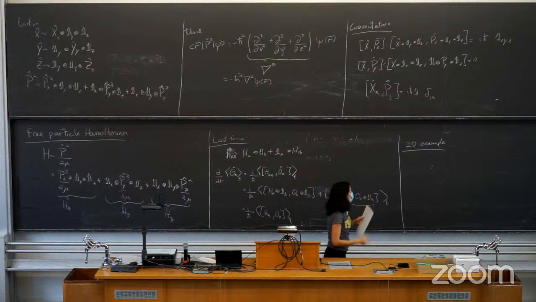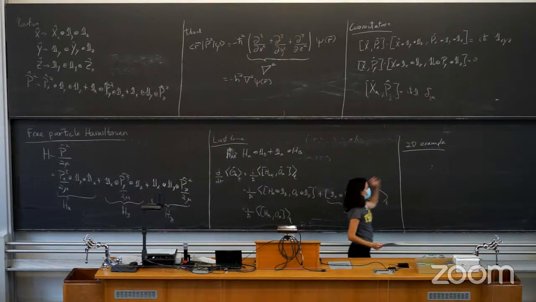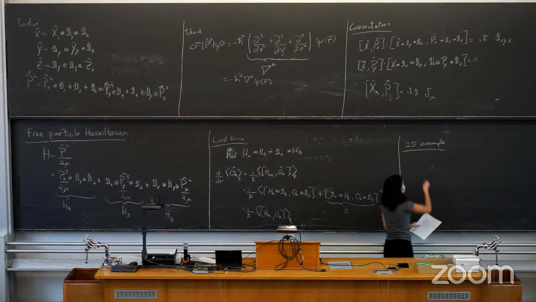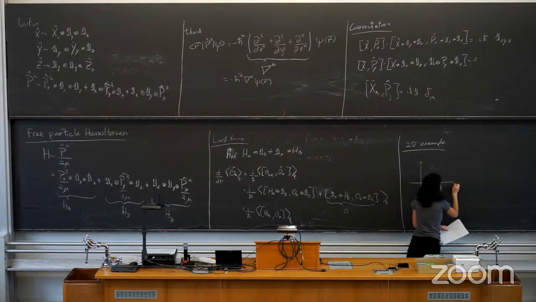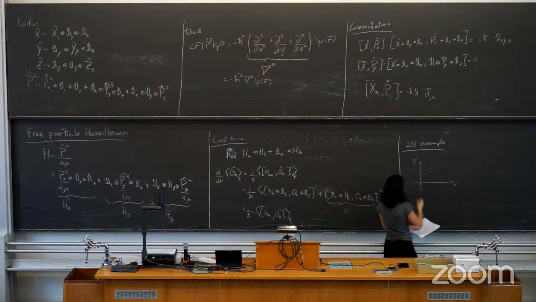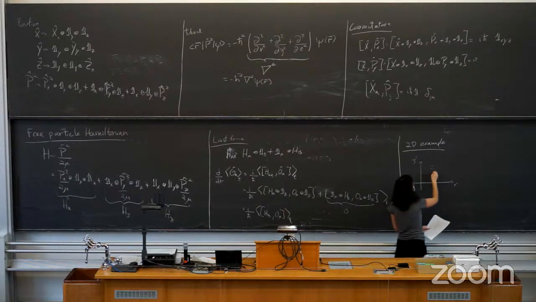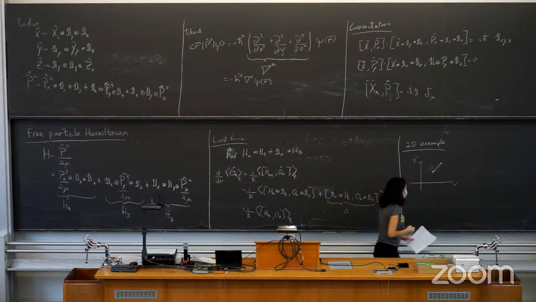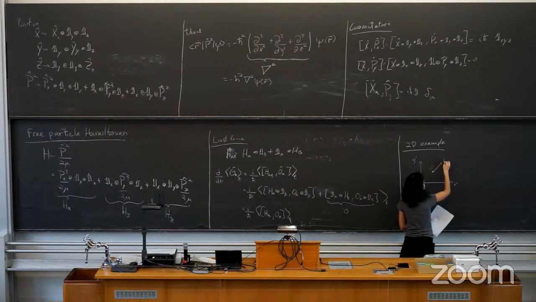And just for simplicity, suppose that this is my coordinate axis. If I have an object that's moving in that direction, this is like the initial velocity, classically.